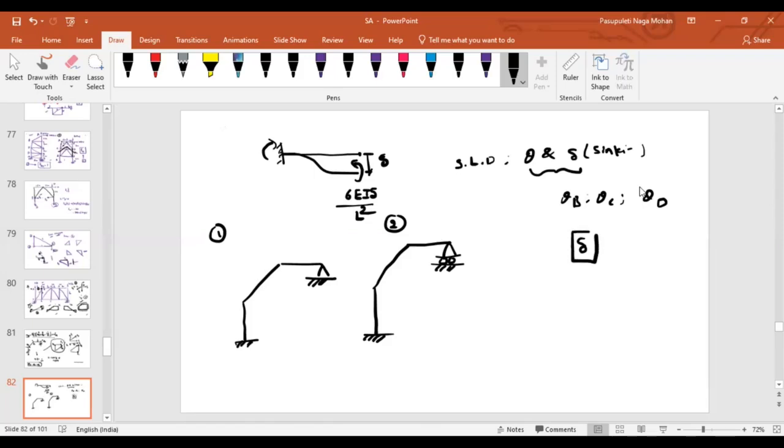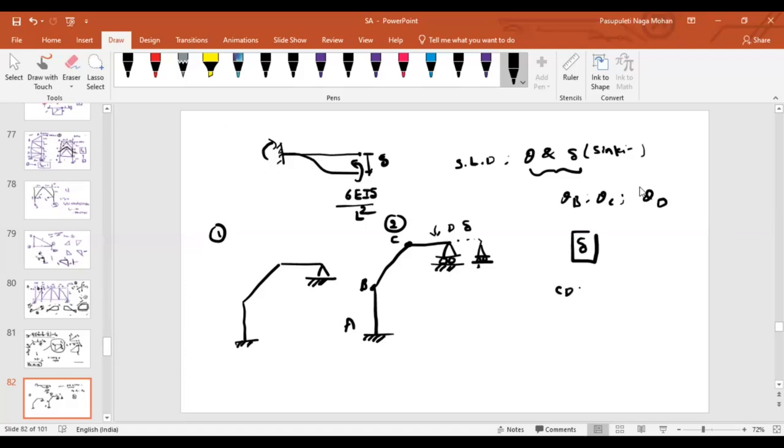Imagine what happens if this support has moved by an amount delta. What do you think, will fixed end moments develop at the corresponding joints? Right, sir. In this case, it might not.